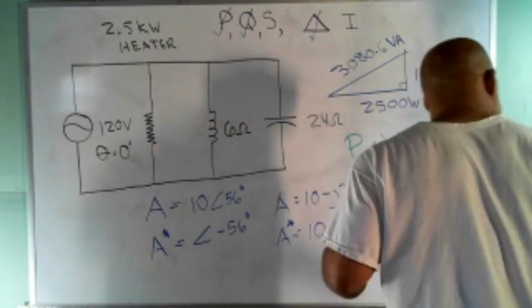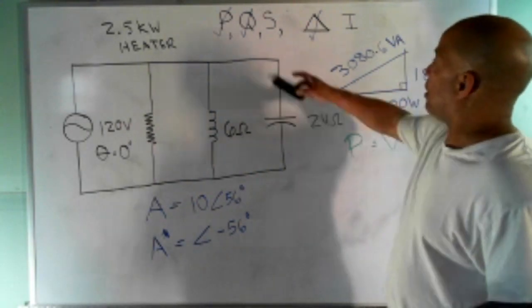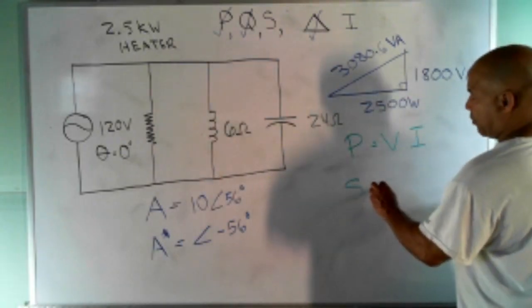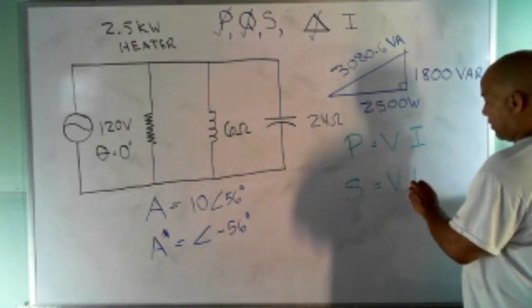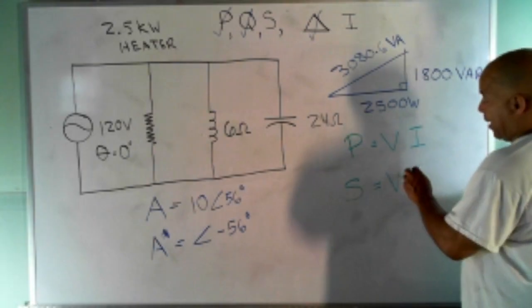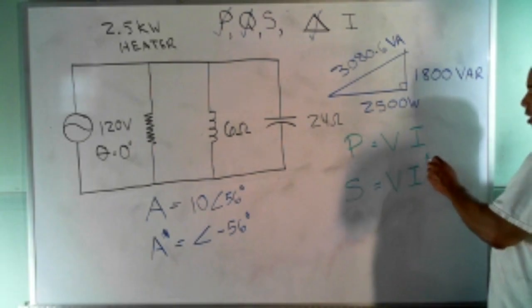We call the total power the apparent power. So the apparent power is equal to V times I star.